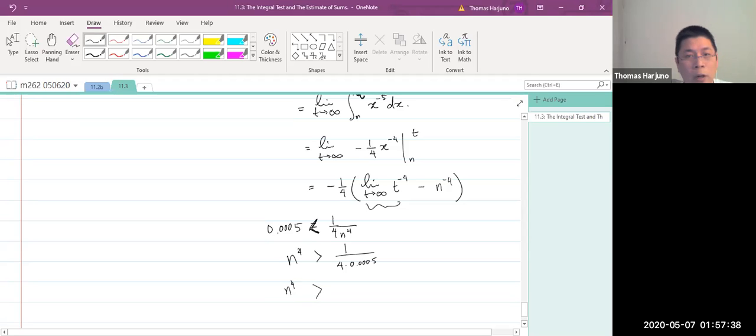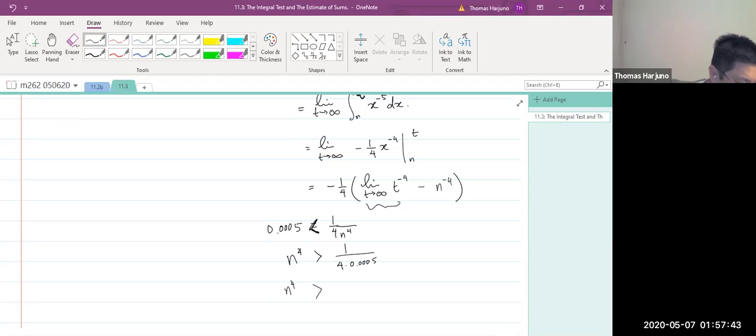Using my calculator, what do I get? 4 times 0.0005, to the reciprocal, 500.